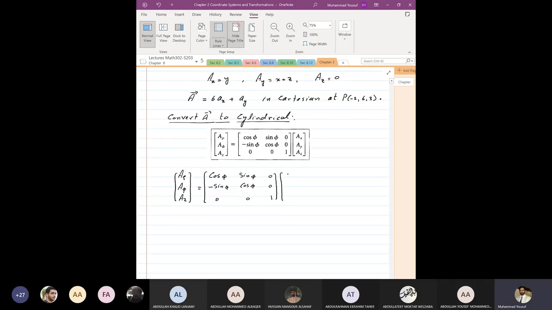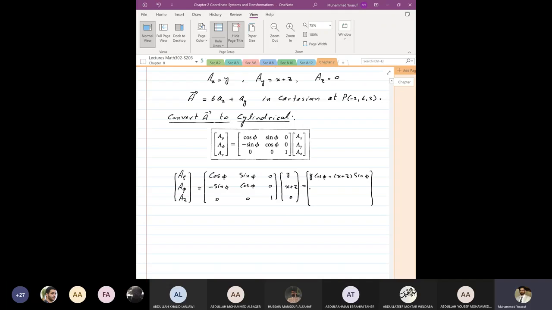Here we will use ax, as I have written ax above. Ax, ay, x plus z, and 0. So this becomes y cosine phi plus x plus z sine phi.